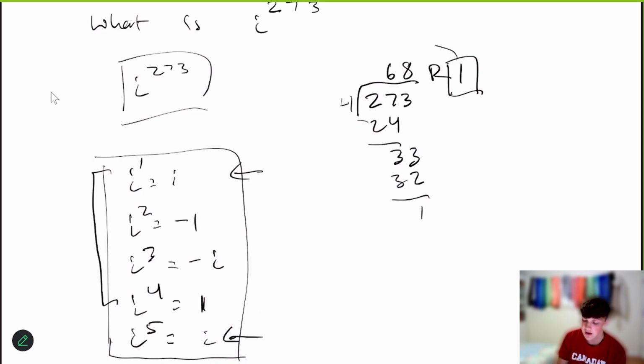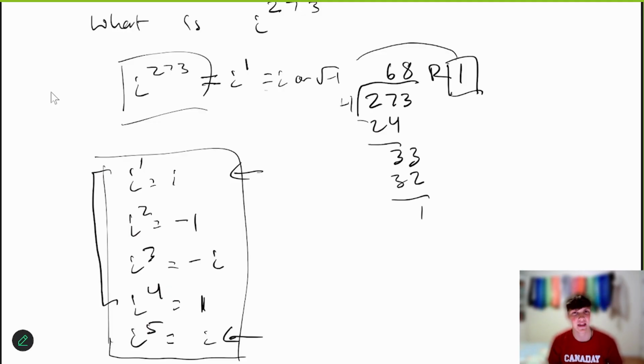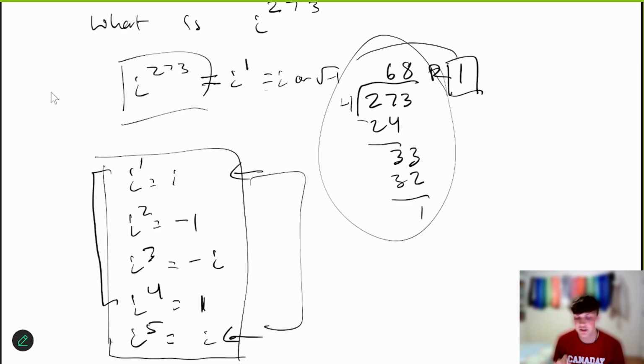What that means is i to the 273rd is just equal to the i to the first value, which is just i, or the square root of negative 1, whichever one the answer choice wants us to give. So i to the 273rd, without doing a whole lot of math, just some long division, is just i, or i to the first, which is just i.